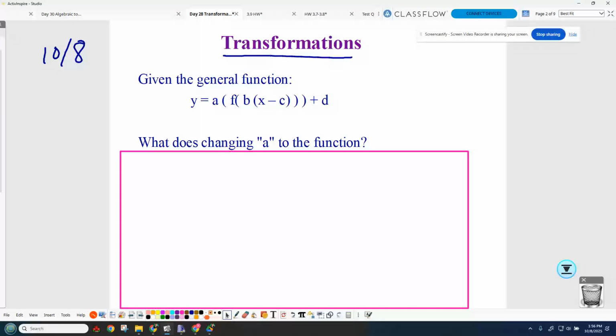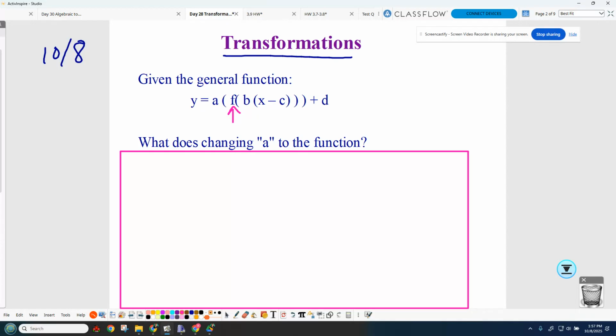Okay, first of all, I should point out F stands for some function, any function you can think of. So, could be trig, could be x squared, could be any function at all.